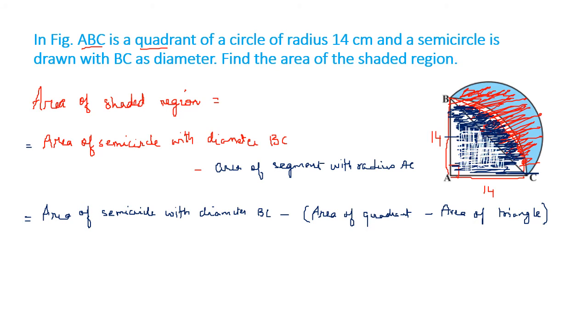So from the quadrant, if I subtract the triangle, then what will I get? Area of the segment. So from the area of the quadrant I'll remove the triangle. So I should get the area of the segment. So now I can write it down.